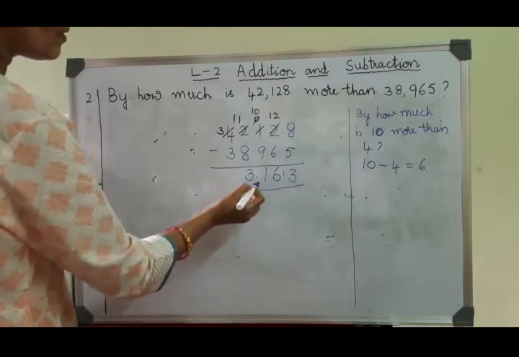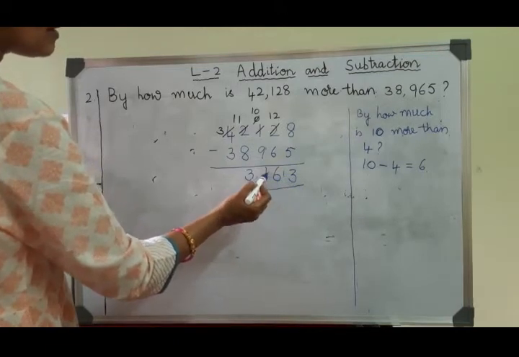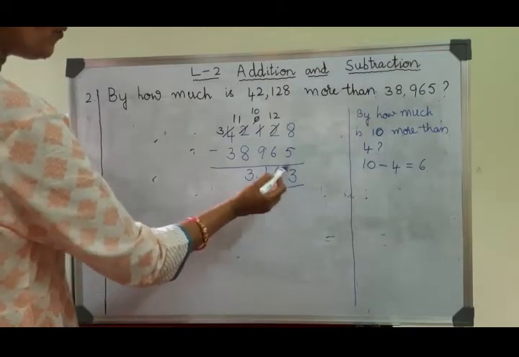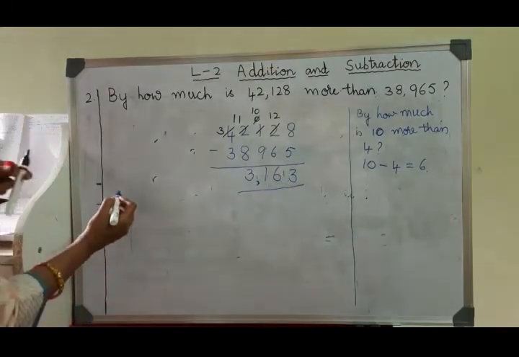Now insert the comma first. Write from the ones place: ones, tens, hundreds is the ones period over. Then you have to insert the comma. 3,163.